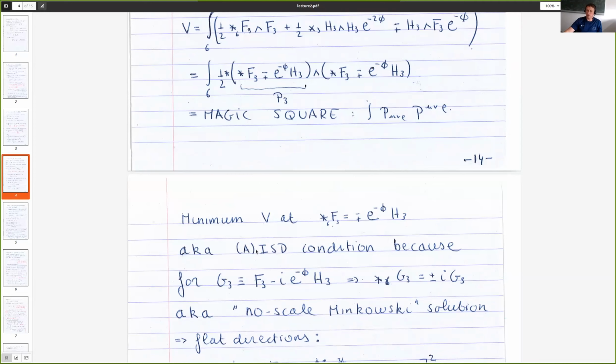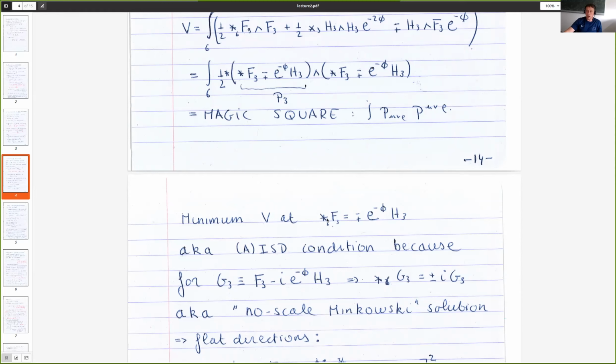You can wonder, where does that name come from? It's a bit of a weird name. Well, it comes from the fact that what is very conventional in the literature is to group the fluxes together into one complex form. So usually all the 3-form fluxes are grouped into an object people call G3. And what is G3? It's F3 minus, or you can also write a plus, depending on your conventions, i e to the minus phi H3.